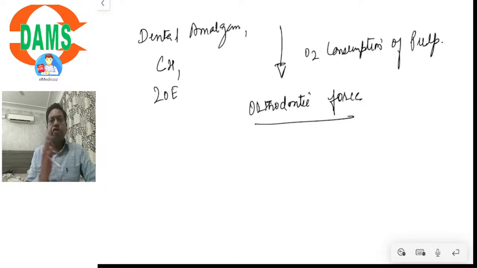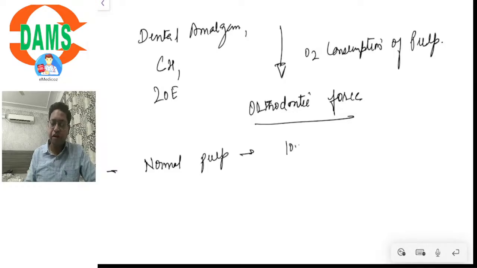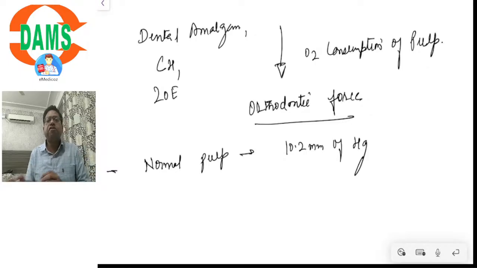Now, whenever there is circulation in the pulp, it would result in pulpal pressure. So a normal or healthy pulp has an intrapulpal pressure of about 10.2 millimeters of mercury. Definitely, there is blood circulation in our body. We have our normal blood pressure.